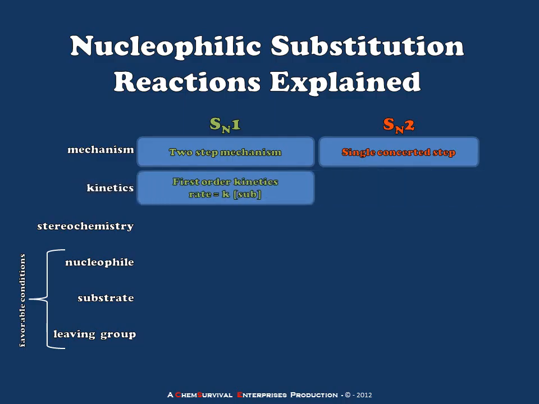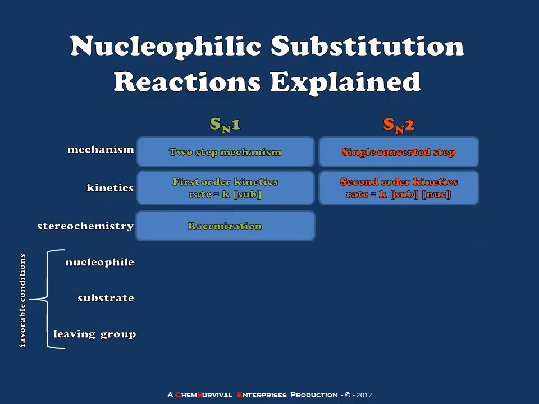From a kinetics perspective, the SN1 follows first-order kinetics. Therefore, its rate law will be determined by only the concentration of the substrate, and the nucleophile does not enter into this equation. Whereas in the SN2 reaction, because the substrate and nucleophile are all reacting in a single step, both of their concentrations are considered.